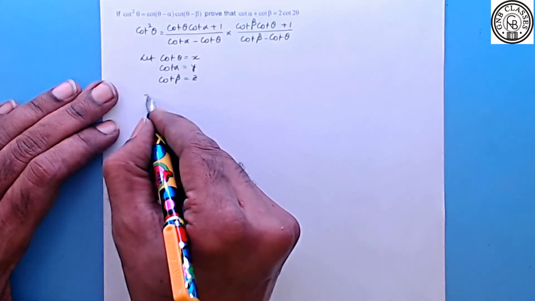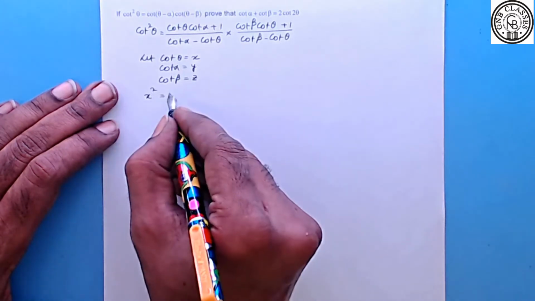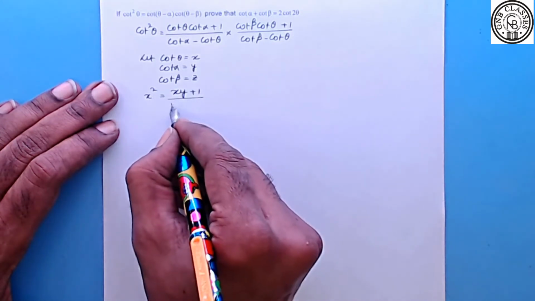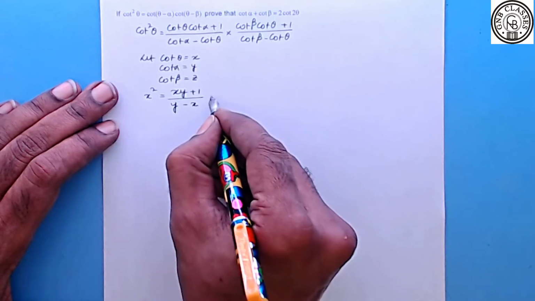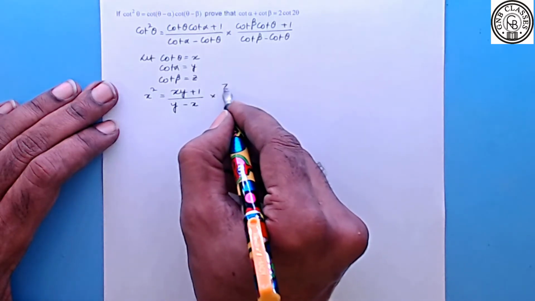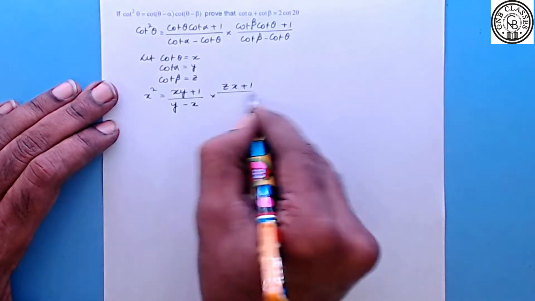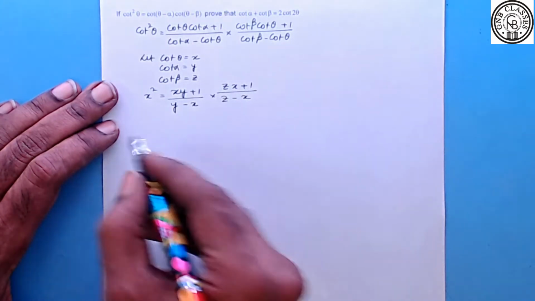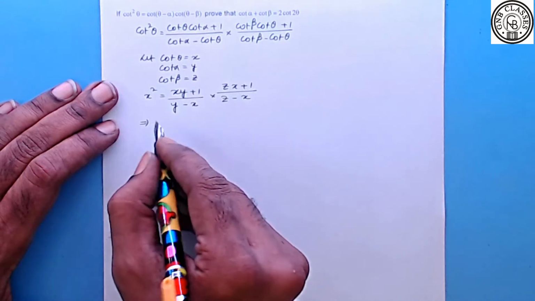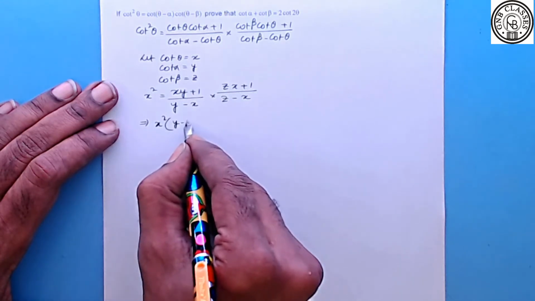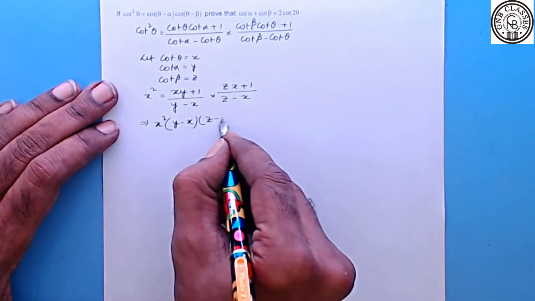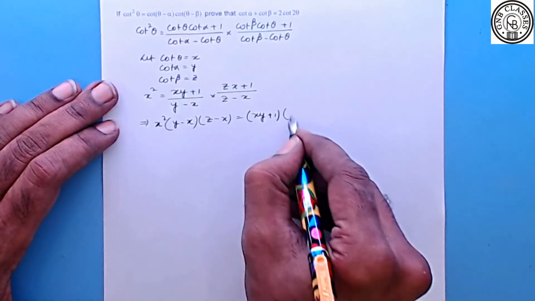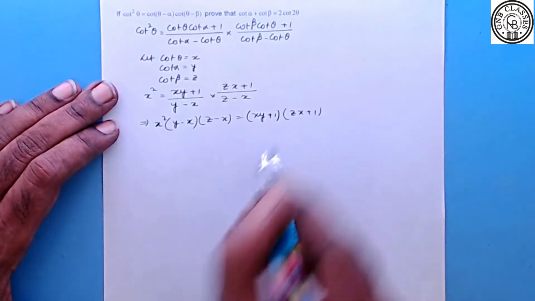So this thing becomes x square equals xy plus 1 by y minus x into zx plus 1 by z minus x. So what we are getting? Y minus x, z minus x, xy plus 1, zx plus 1.